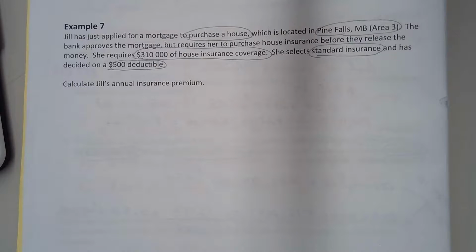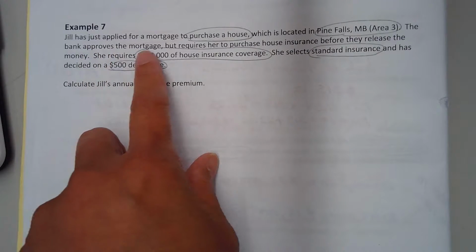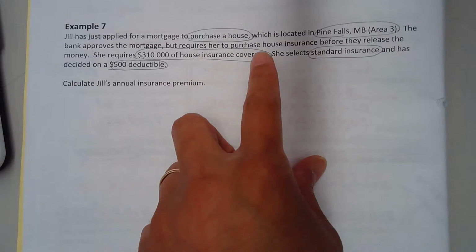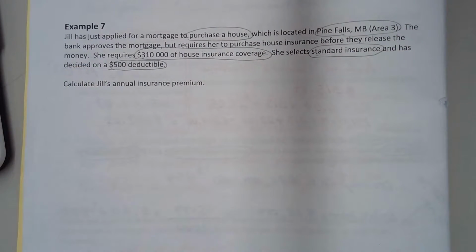That's another factor to consider. The bank approves a mortgage but requires her to purchase house insurance before they release the money. That's actually a requirement. When the bank gives you a loan, they want to make sure you have insurance right off the bat.